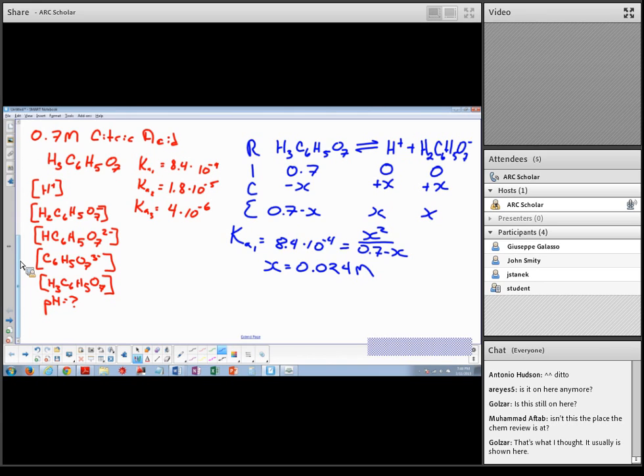That X is going to be our concentration of H plus. There's going to be some H plus added on from the other ones, so we'll see how much that is. That's also going to be this one down here. And how much of my acid's left over? 0.024, subtract that from 0.7.